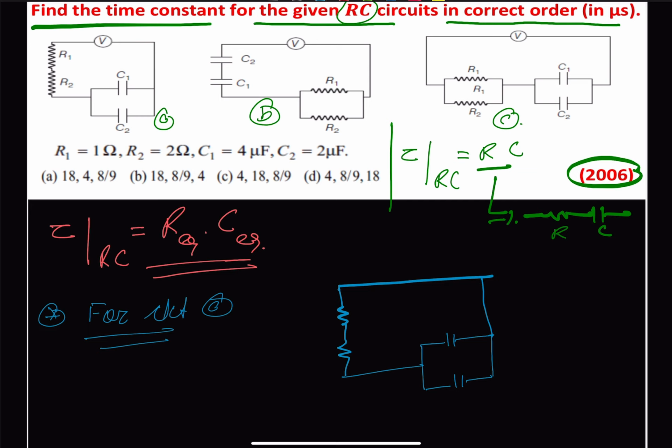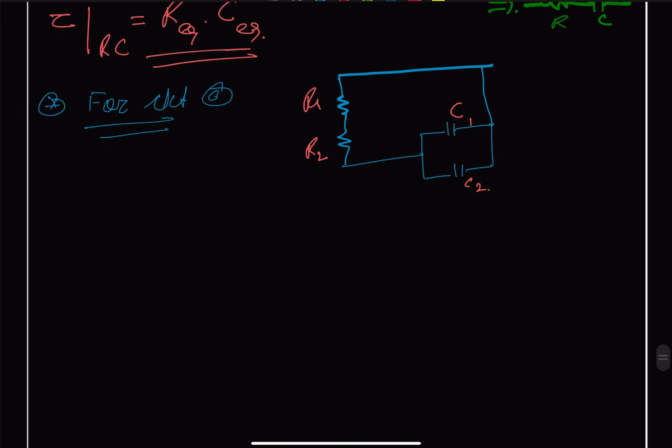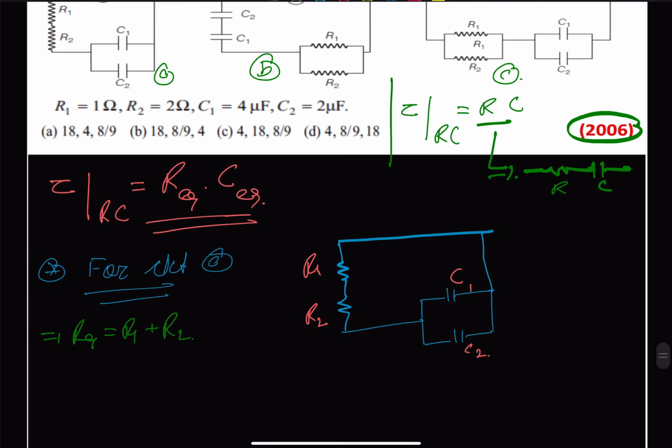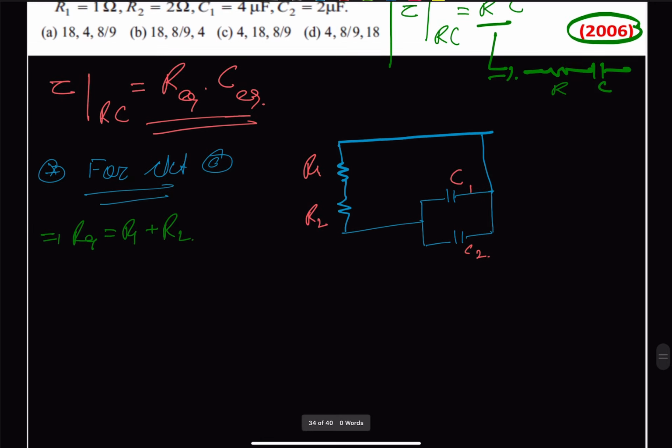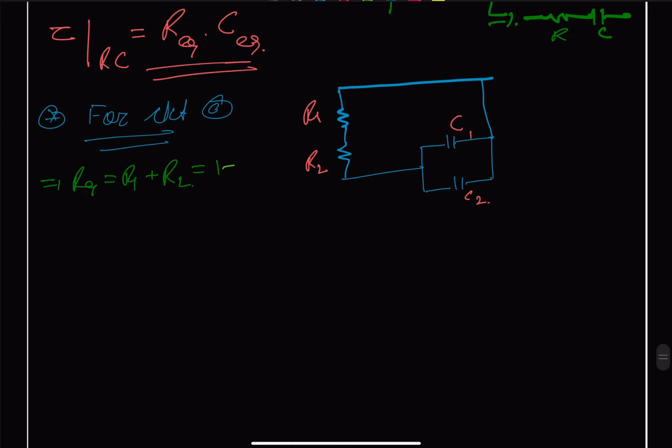so we have our R1, R2, C1 and C2. So our R equivalent will be a series combination of R1 and R2. Therefore, R equivalent is R1 plus R2. R1 and R2 are given as 1 and 2, so this comes as 1 plus 2.